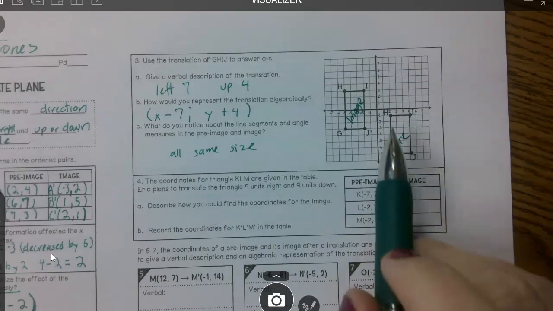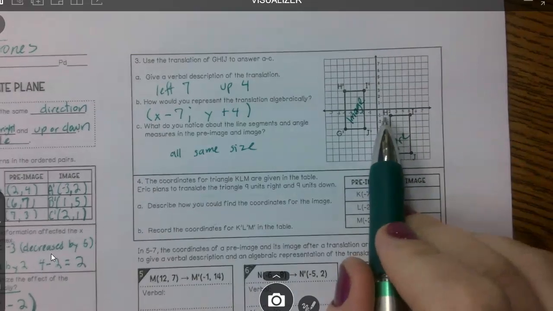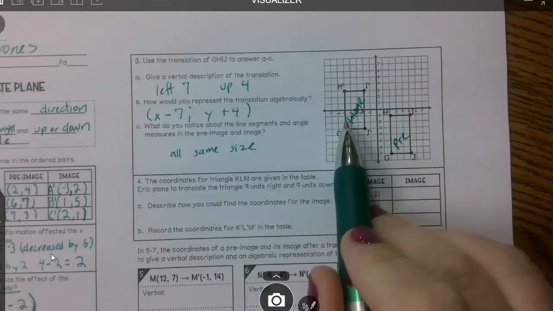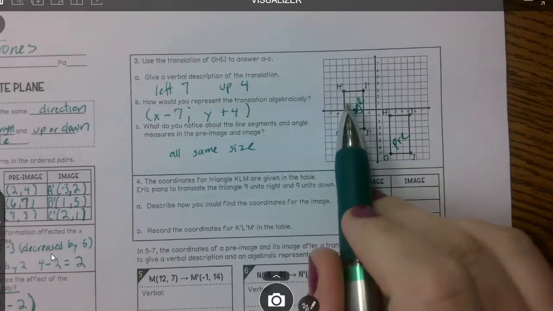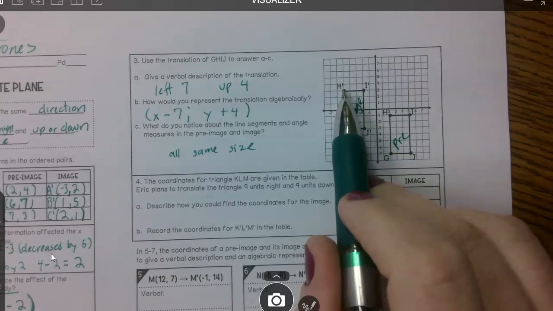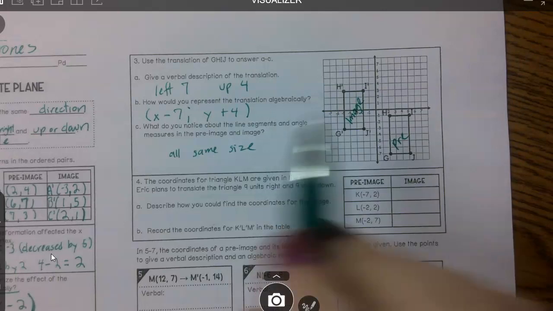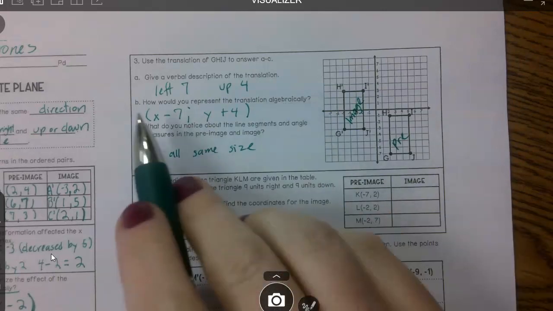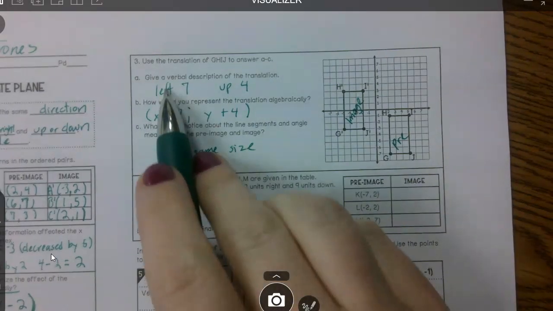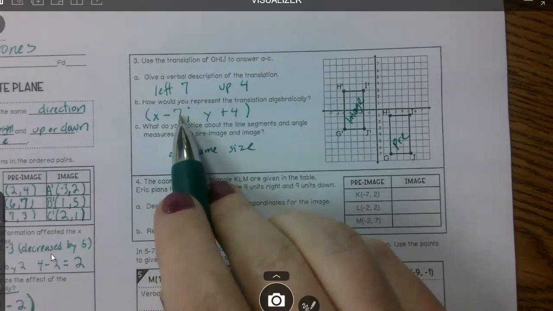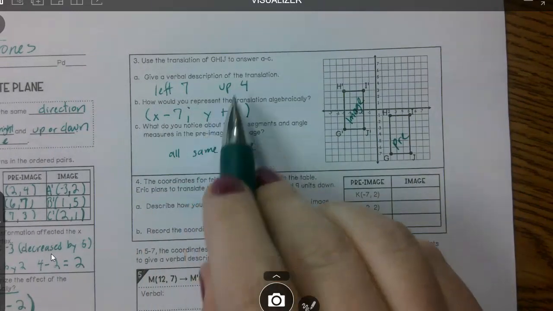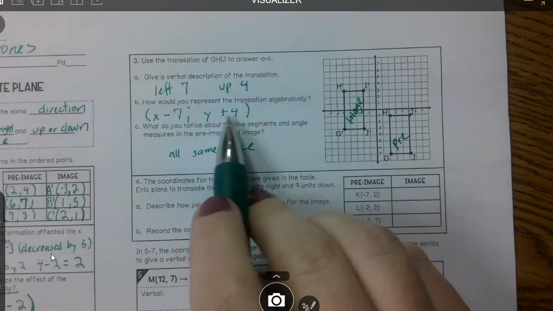So this image, if you count, went over left 7 and up 4. So if I was to represent that algebraically, I would say that all of the X values went to the left 7, so that's a -7. All of the Y values went up 4, so that's plus 4.